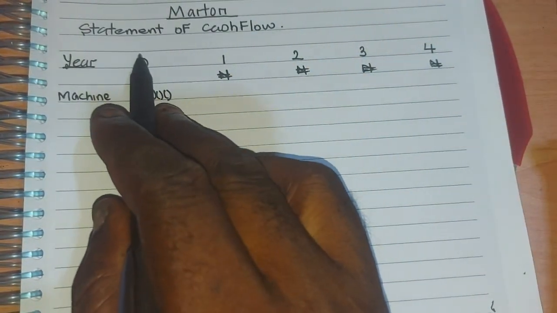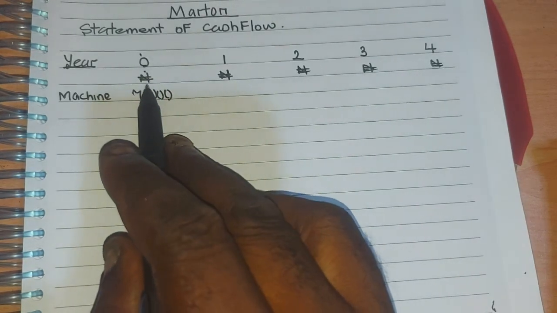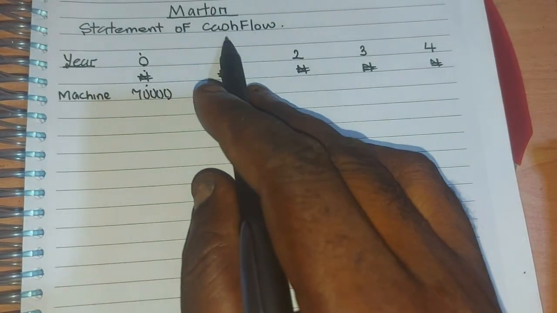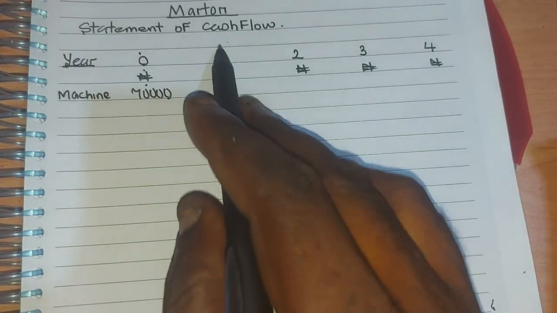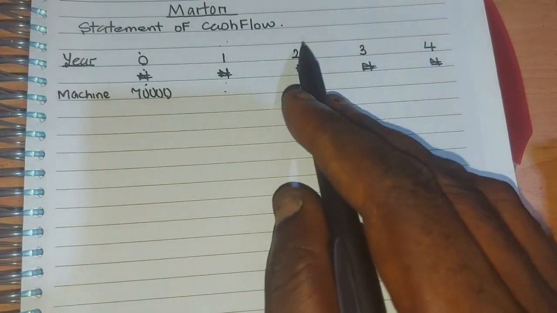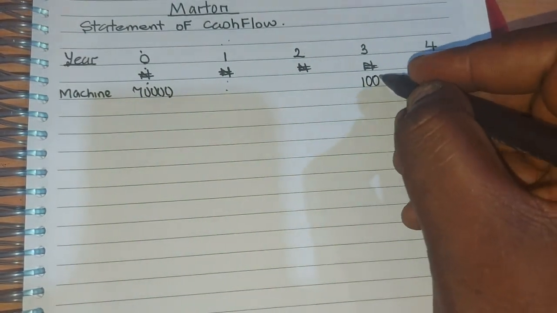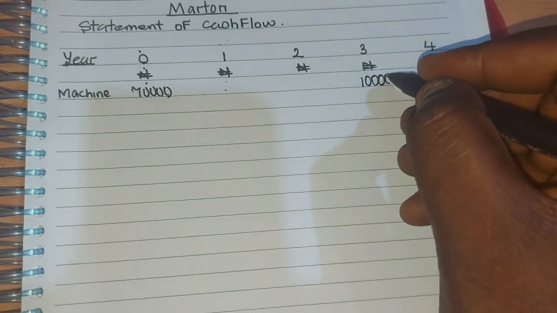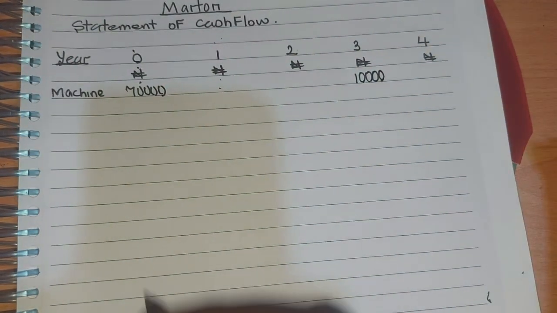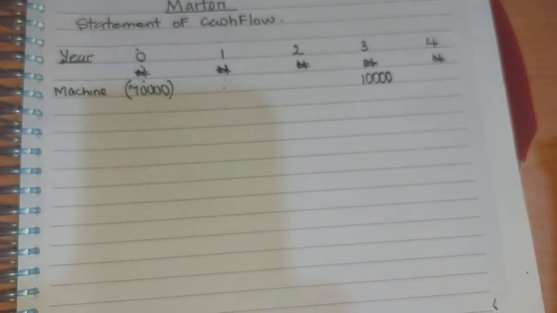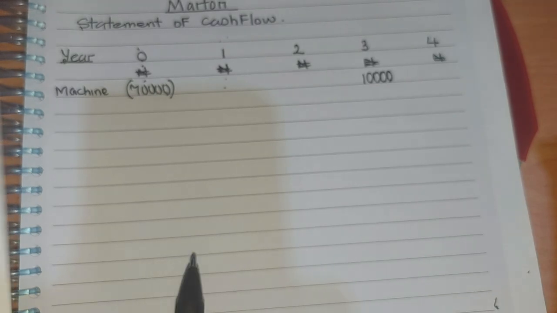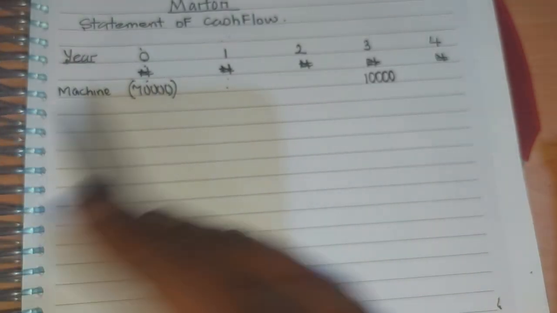This is the existing machine from the beginning to the end of year 0. That is a year. From the beginning of year 1 to the end of year 1 is a year; then 2 years, 3 years, and 4 years. It will be sold at the end for 10,000. So this is a loss, and that's the cost of the machine instead of the 80,000.